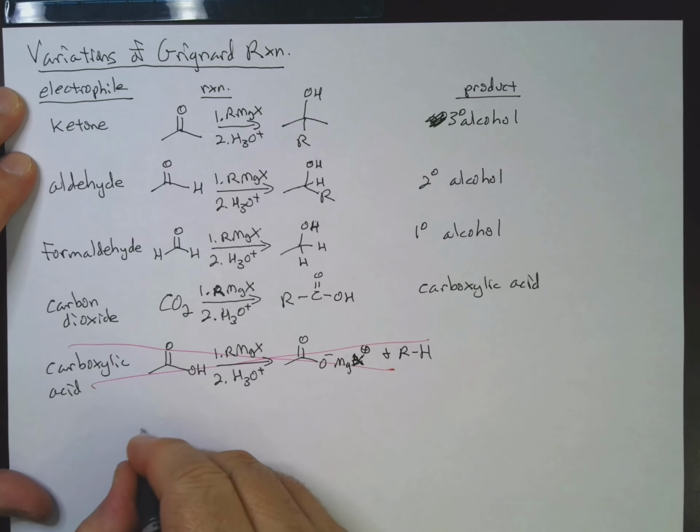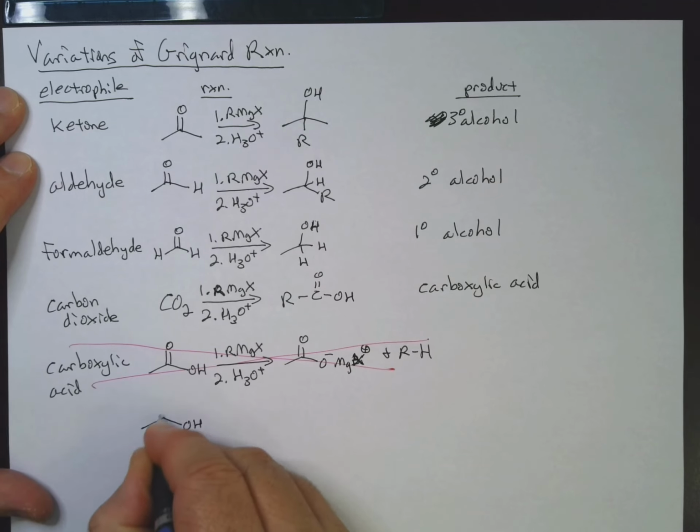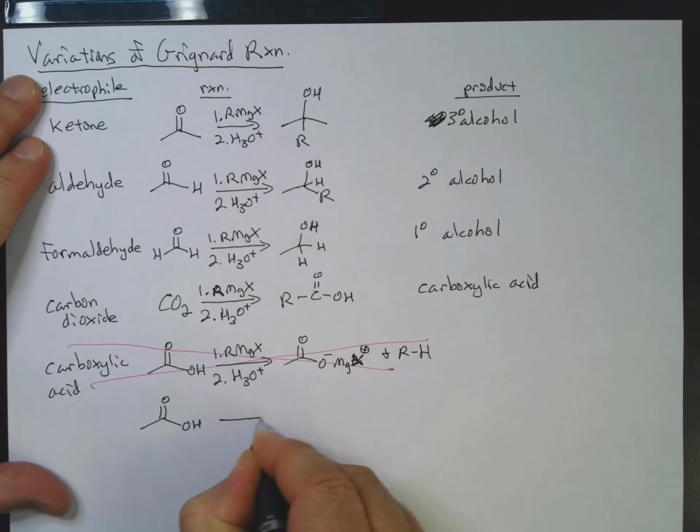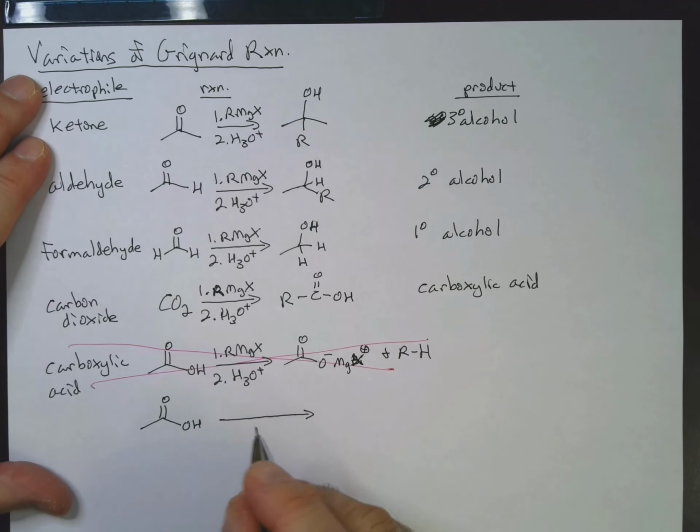Instead, what we'll do is use another reagent, and the text mentions this. It's called a turbo-Hauser base, which is isopropyl. Let me see if I can write this out here.